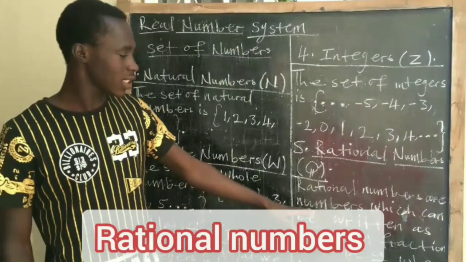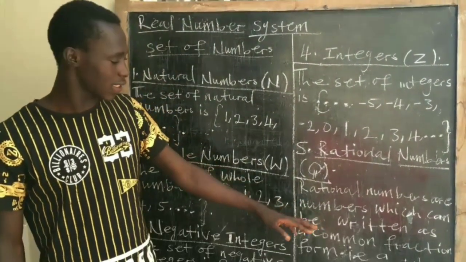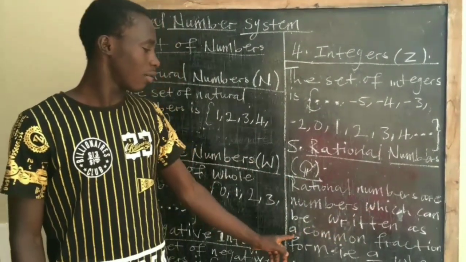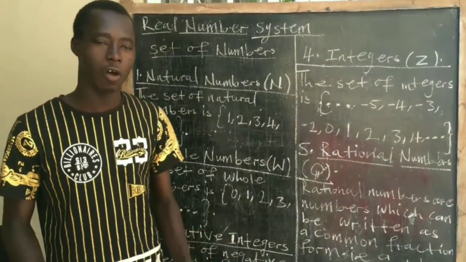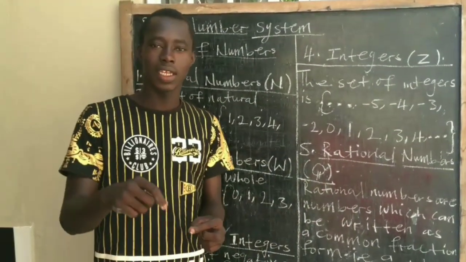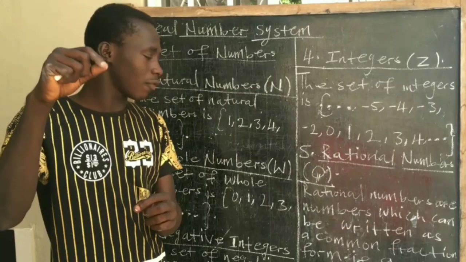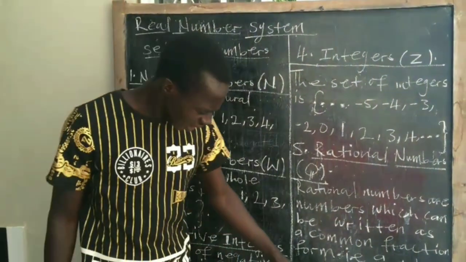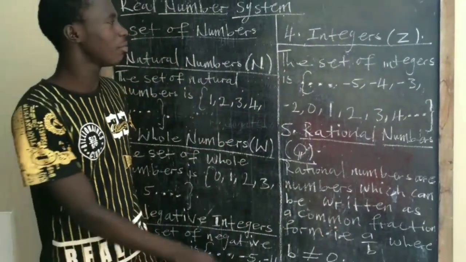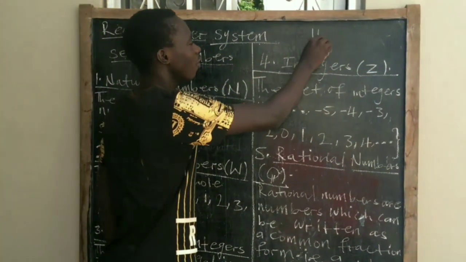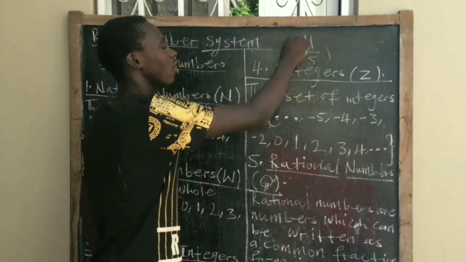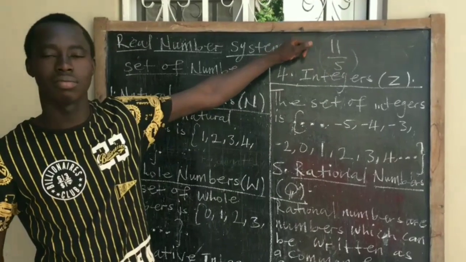A rational number is a number which can be written in common fraction form. Example, if you have 11/5, it is a rational number because it is a common fraction.